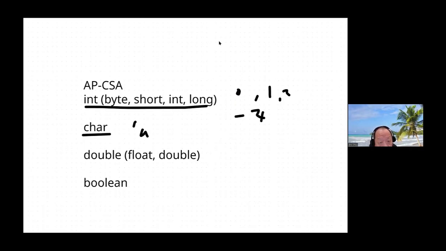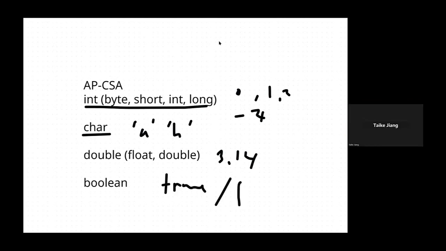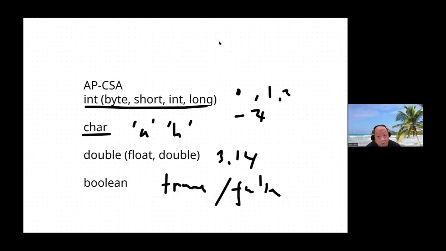Double is used to store real numbers, so it can be 3.14. Boolean is used to store Boolean values, so it can be true or false. Okay, so far okay? Yeah. So these are the frequent data types you need to remember.